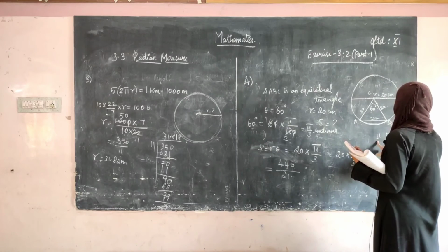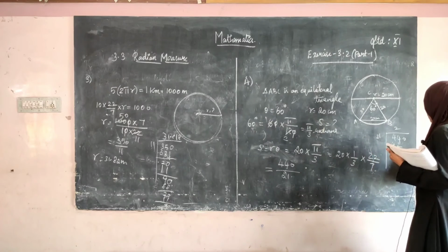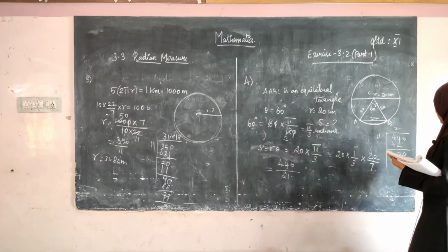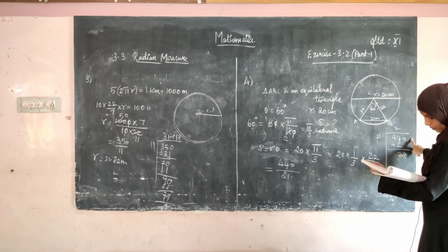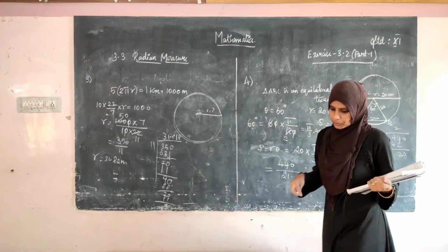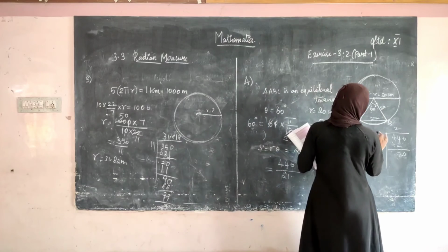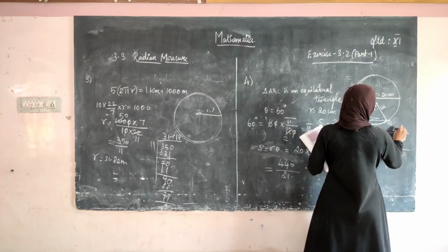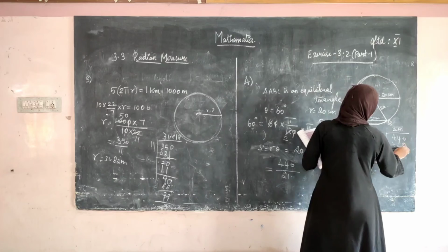440 divided by 21. 2 times is 42. Again 20. 21 into 20 is 420, right?